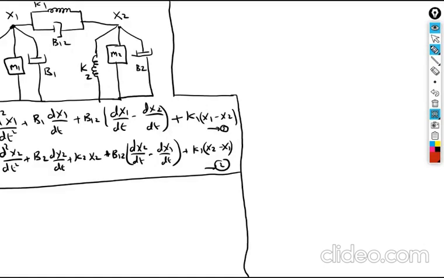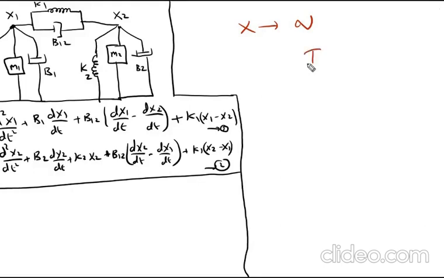I will convert these equations into equivalent electrical equations. Before going for conversion, all of you are aware, what is the equivalent of displacement x? The equivalent of x is charge. But in general, we write electrical circuit equations in terms of current. When writing in terms of current, x can be written as charge, and current I is equal to dq by dt.